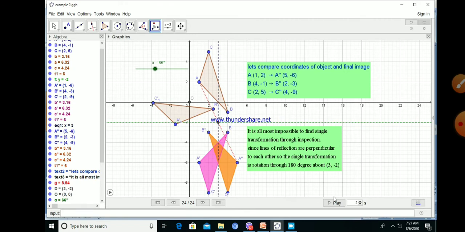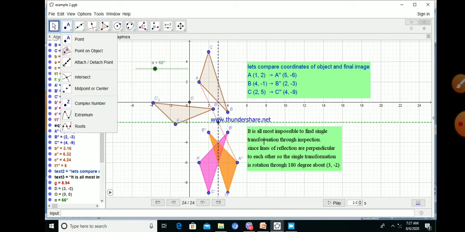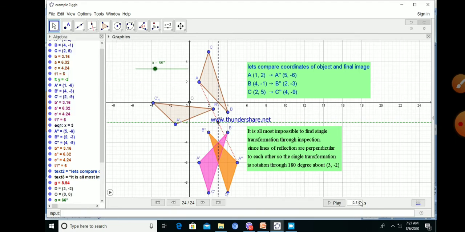This is the final formation of those images in GeoGebra, but I will display stepwise the formation of those three triangles in a graph, and we'll discuss what could be the single transformation.